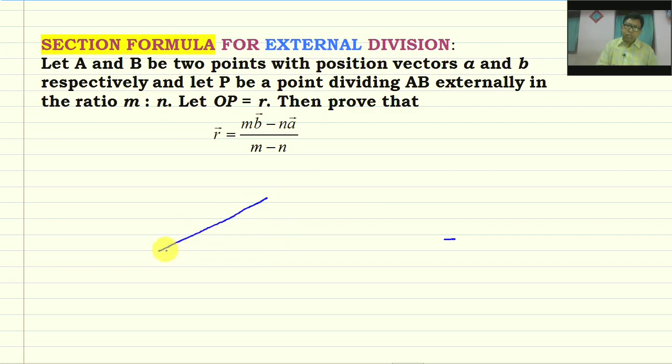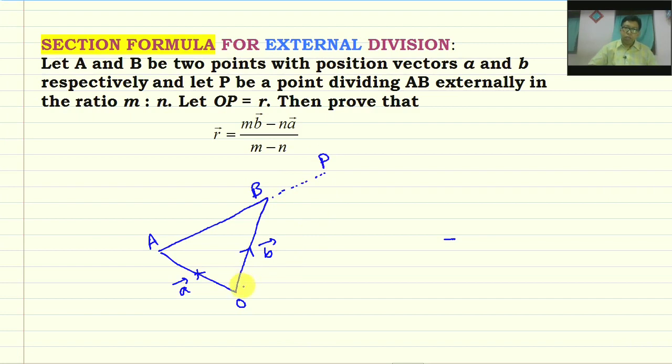So consider that this point is A and this point is B, and the position vectors with respect to some origin are a vector, this is a vector, and this one is your b vector. And since this line segment AB is cut by a point P externally, you have to fictitiously consider a point outside this line segment.